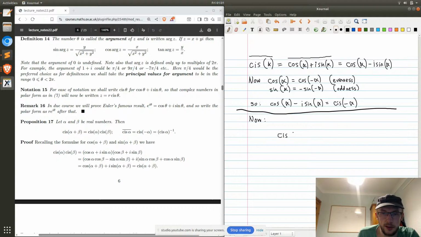So the conjugate of cis alpha is equal to the reciprocal of cis alpha.